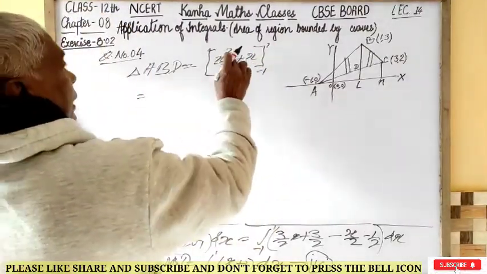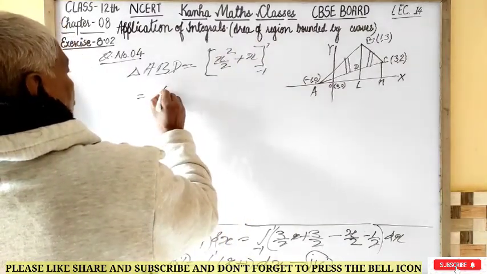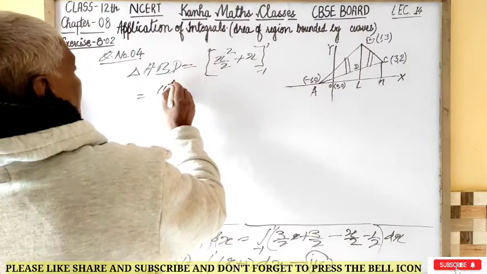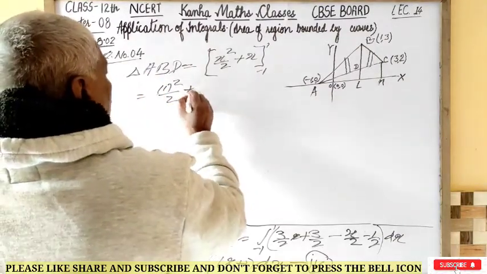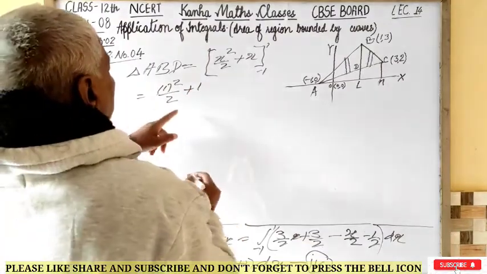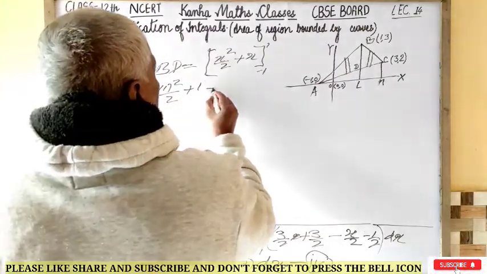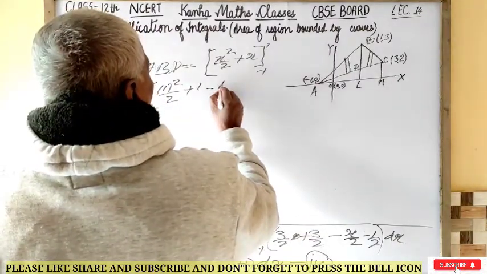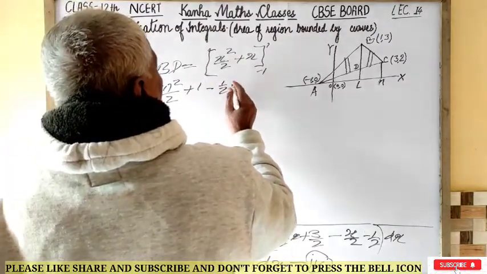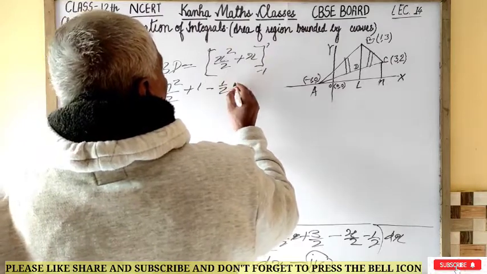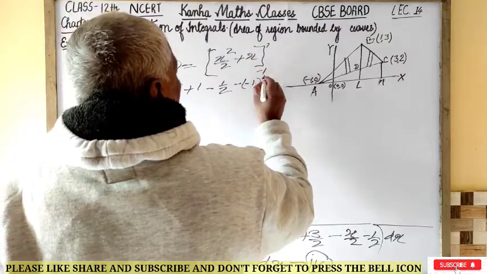By substituting x equal to 1, we get 1 square upon 2 plus 1, and minus, 1 by 2 minus 1.